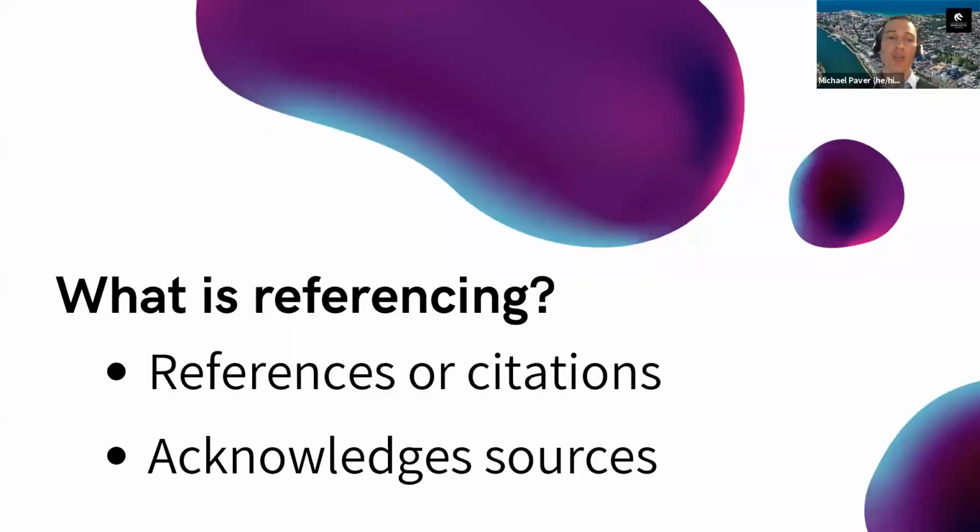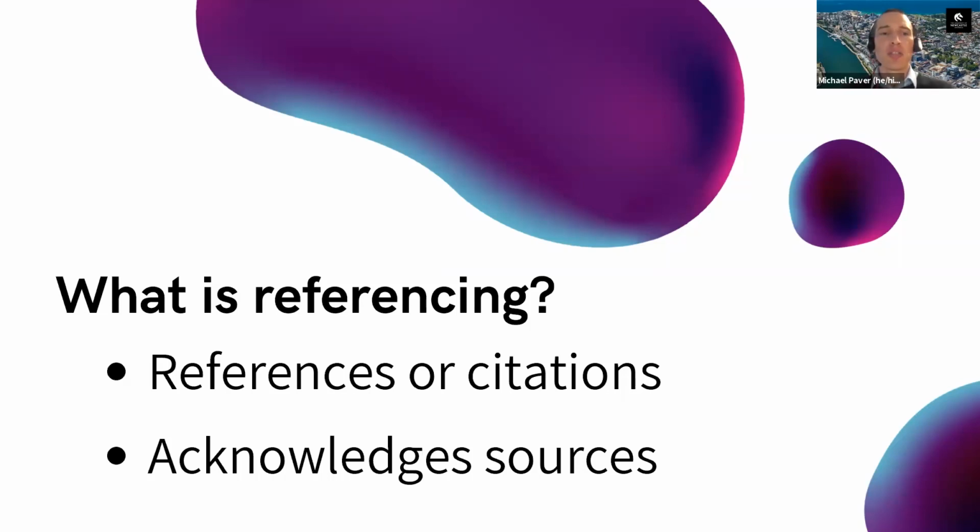So firstly, what is referencing? You hear these words a lot, referencing and citations. And really what we're talking about is just a formal way of acknowledging the sources that you use in your assignments. So when you get information and put it into your assignment, the formal way of recognizing where you've got that information from.